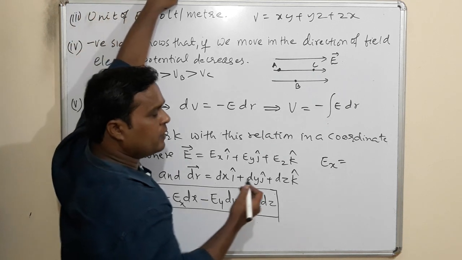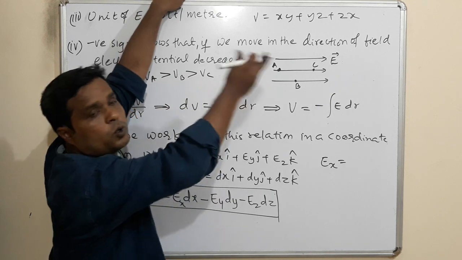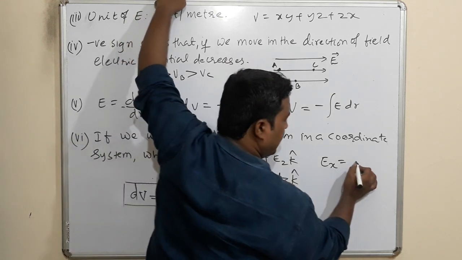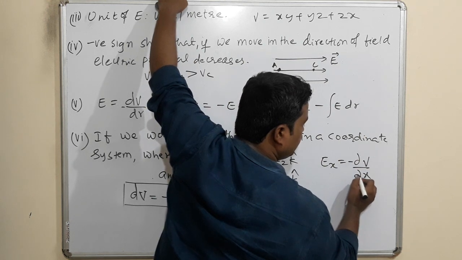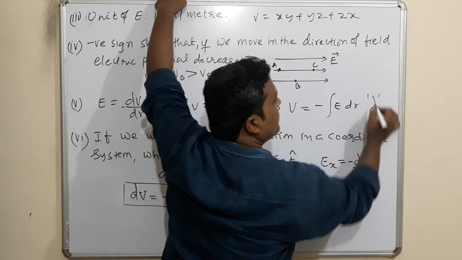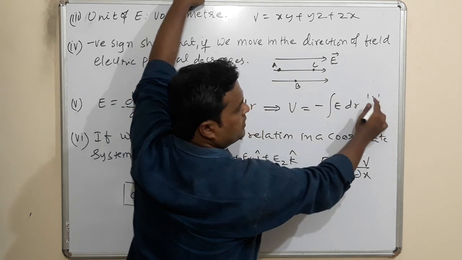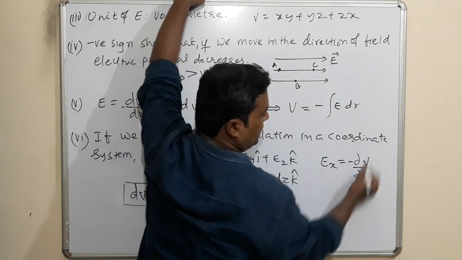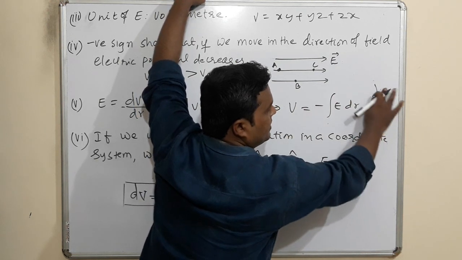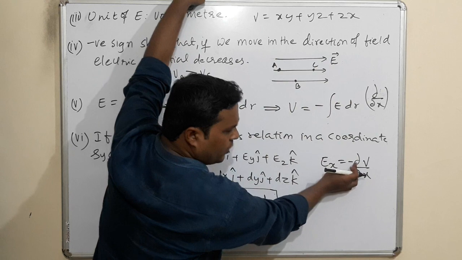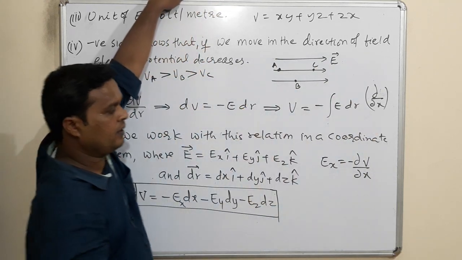That means differentiating partially with respect to x, keeping the other coordinates constant, I will take it as Ex equals minus dV by dx. This indicates partial differentiation, d by dx of V, differentiating only with respect to x, keeping y and z constant.